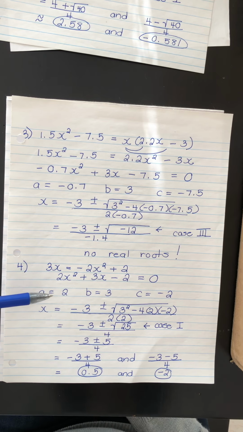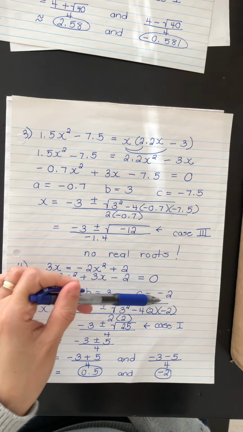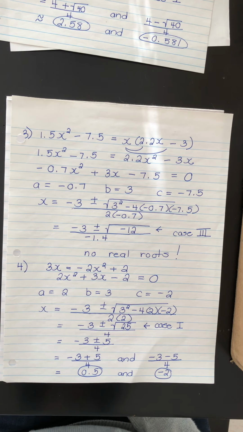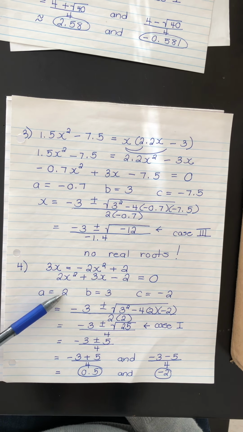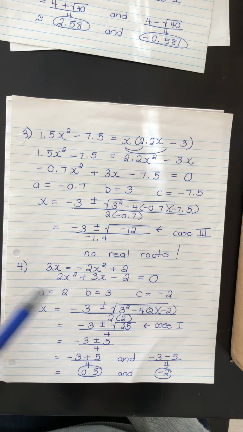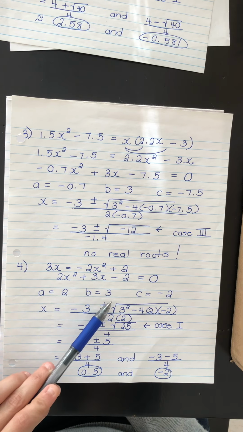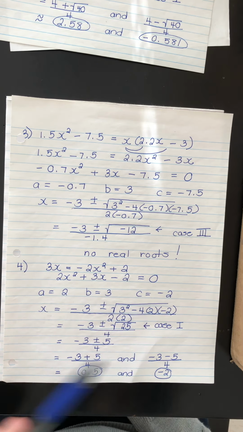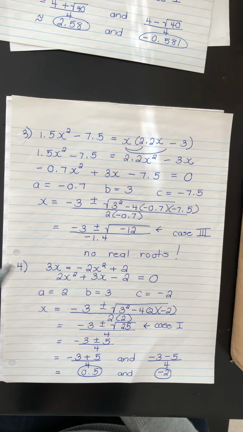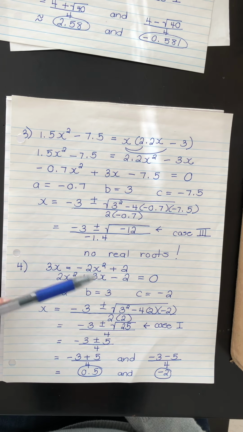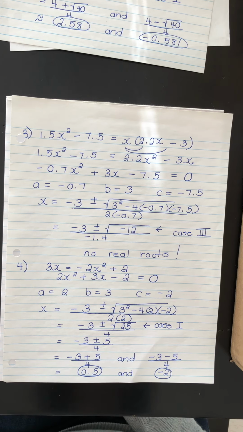That would mean my values are 2, 3, and negative 2 for A, B, and C. If you chose to bring your terms to the other side of the equation instead, you would have all 3 signs here different. So negative 2, negative 3, positive 2. And those could also be used to give you the exact same 2 answers.